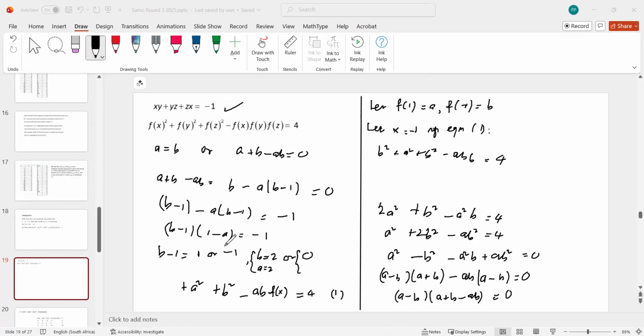And here, if you have b equals 0, you have minus 1 here, and the minus 1 cancels with this, and you will have a is equal to 2.